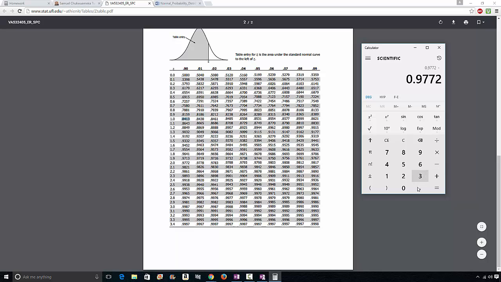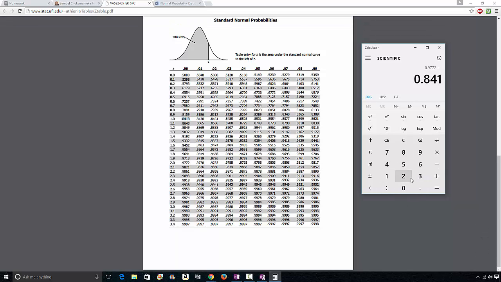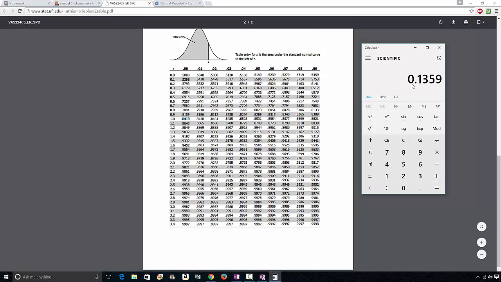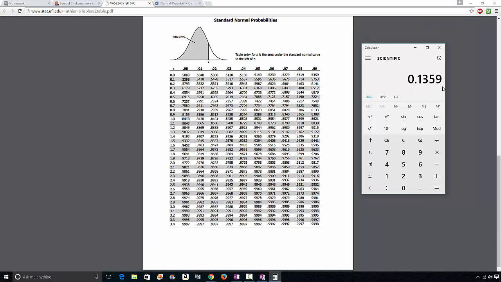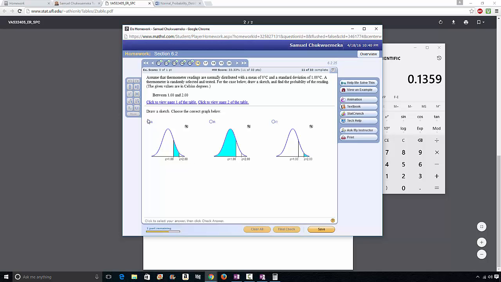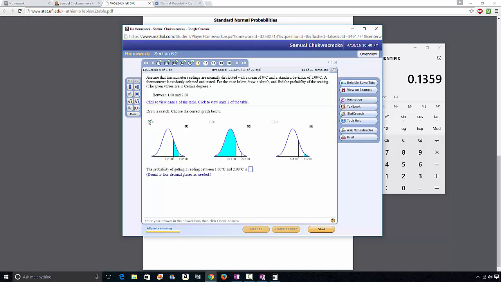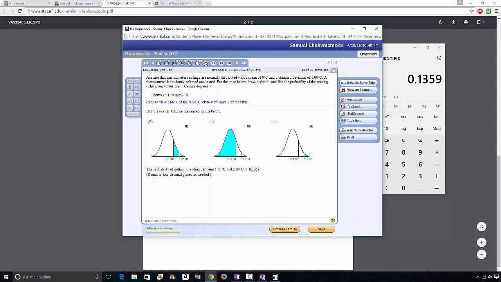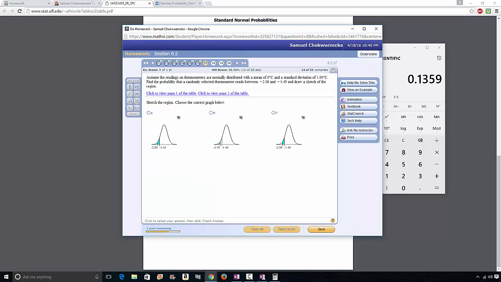So this is minus 0.8413. And that will give you 0.1359. So this is of course this, and then this will be 0.1359. Okay, that's it. Comprendez? Comprenez-vous? Do you understand?